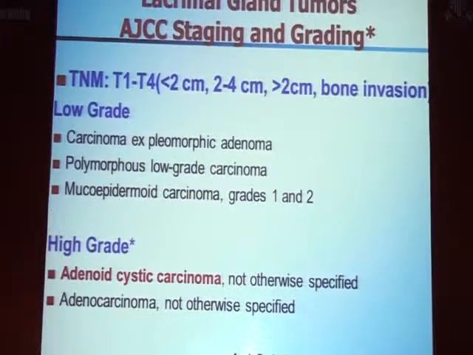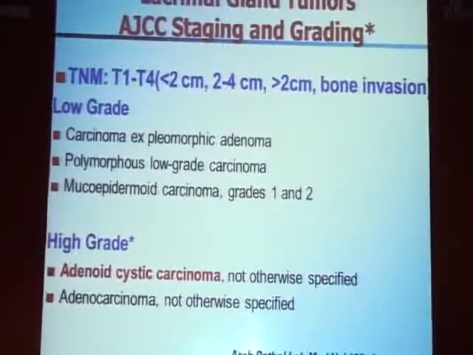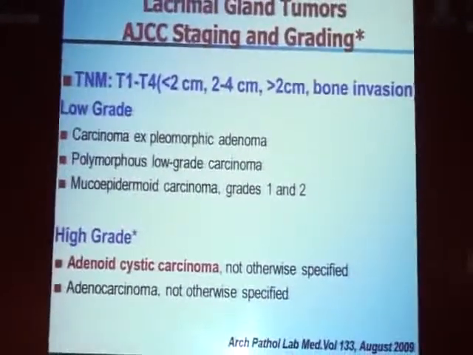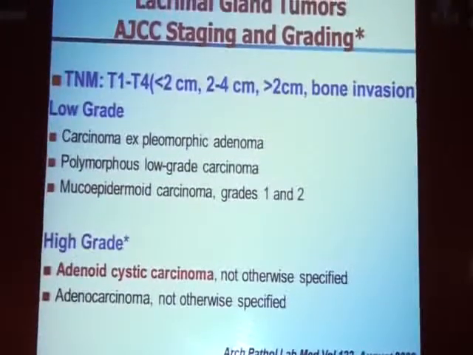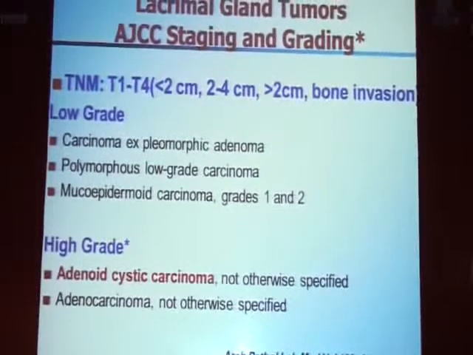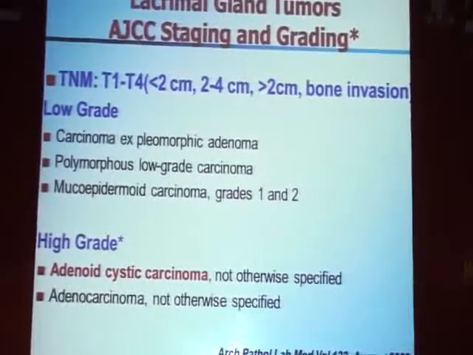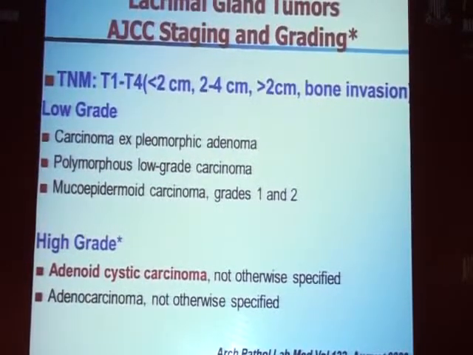Now coming to the staging in lacrimal gland tumors, although we usually do not stage lacrimal gland tumors, it is important that we start staging them. And the staging is based firstly on the size of the tumors. If it is less than 2 centimeters, they are low grade. They are T1, and if they are more than 2 to 4 centimeters, it is T2. And if bone invasion is present, they are called T3 and T4.